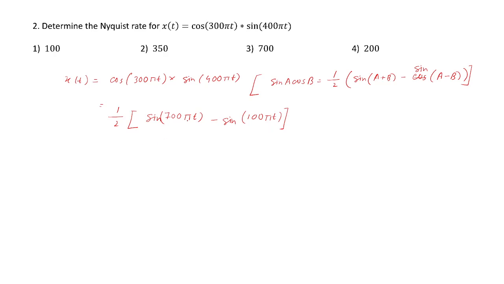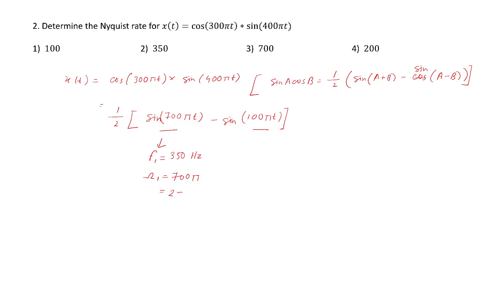So you see, x(t) actually consists of two different frequency signals, where the frequency of this part, which I denote as f1, is 350 Hz. How am I reaching it? Again, the analog frequency omega 1 is 700 pi.